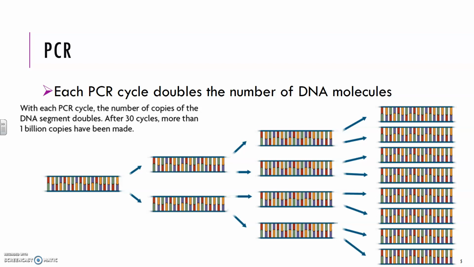Okay, so that's maybe a couple hours. And when you have 1 billion copies of that DNA, you can actually run it on a gel electrophoresis and see the fragments of the DNA. There's enough there that you can actually see it. Versus if you ran it with 1, you wouldn't see anything, and there would be hardly any way to detect that.